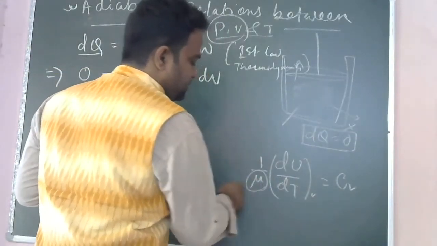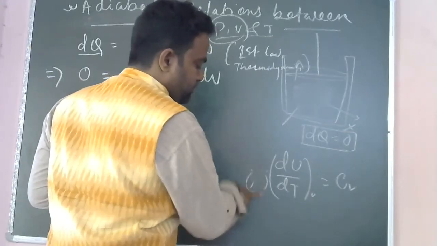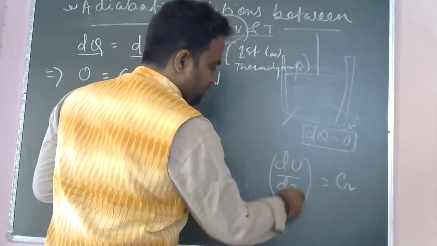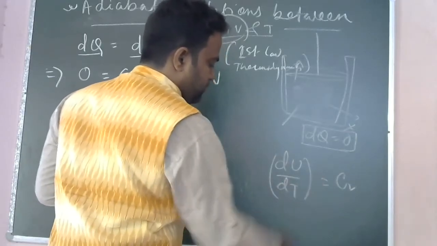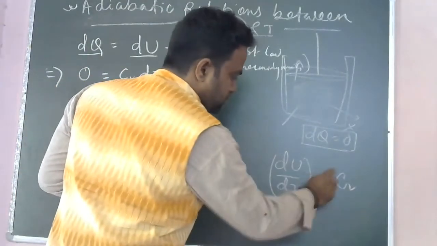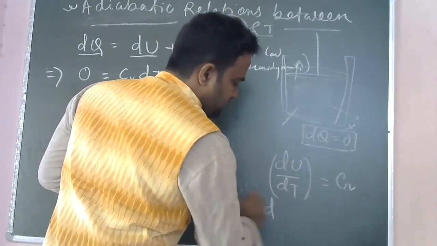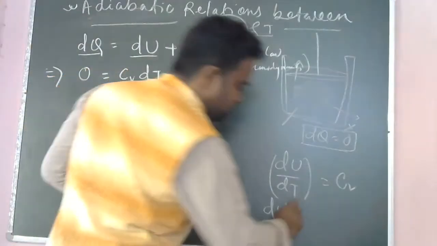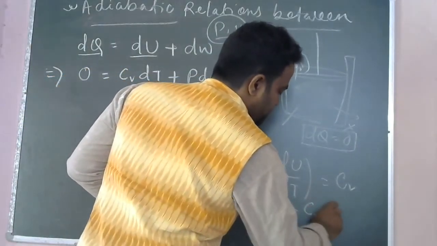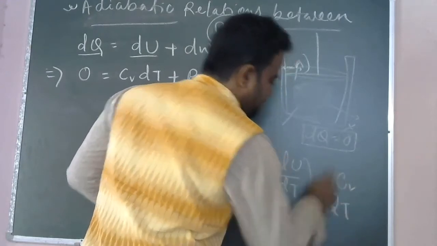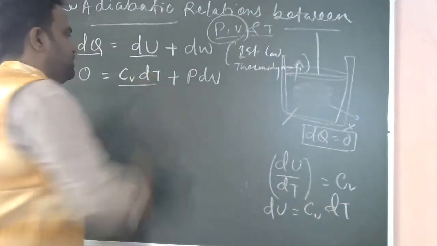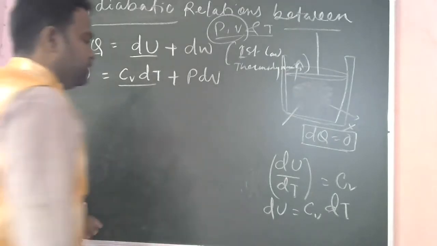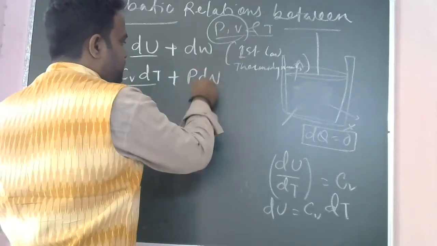For 1 mole of gas we can write mu is equal to 1. So du is equal to Cv dT, for constant volume, and dw is equal to P dV.